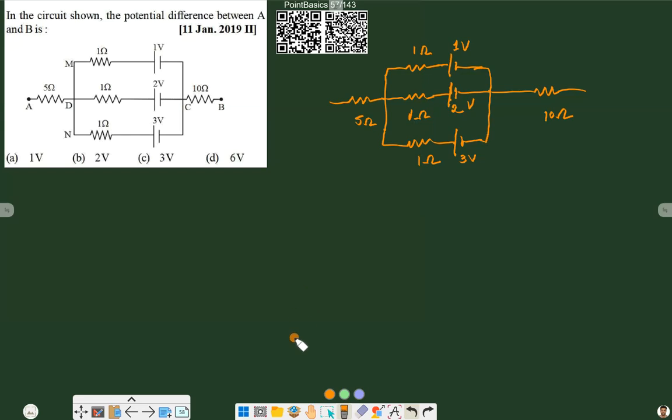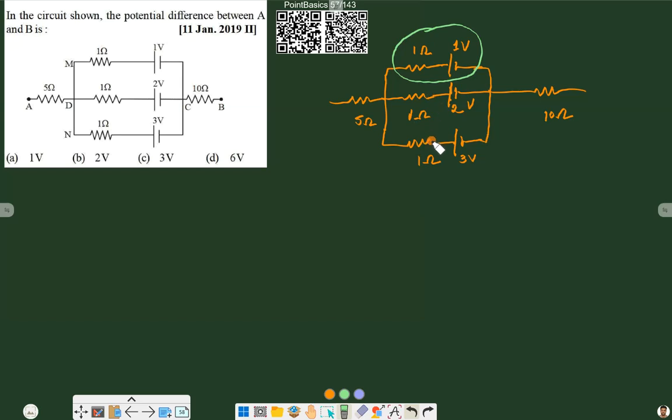Now what we can do is consider this as a single system. We can consider the top one a 1 volt battery with internal resistance of 1 ohm. Now we can consider the middle one as a 2 volt battery with internal resistance of 1 ohm, and the bottommost one as a 3 volt battery with resistance of 1 ohm.